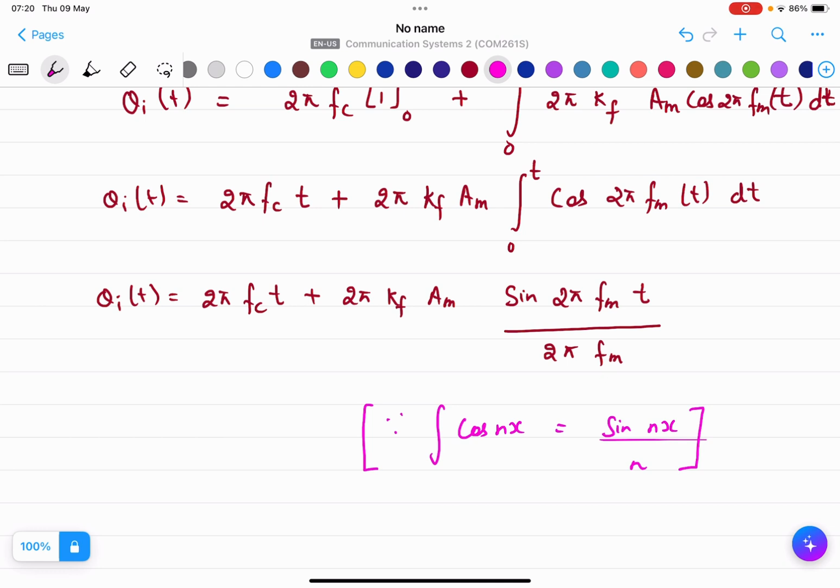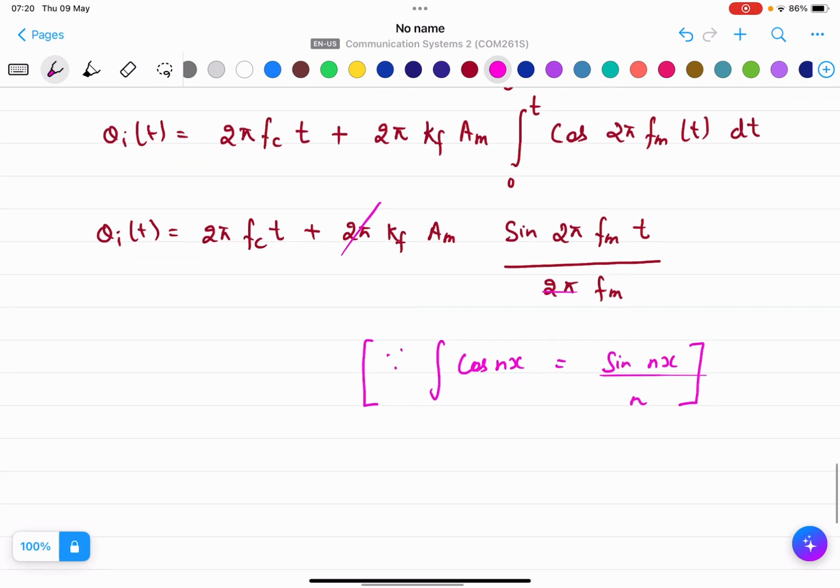Now I integrated it, and I place the limits t and 0, right? If I place 0, it will be 0, and if I place t, it will be t here. Now I can see what cancels out: 2 pi and 2 pi cancel out with each other. So what will be my final equation?